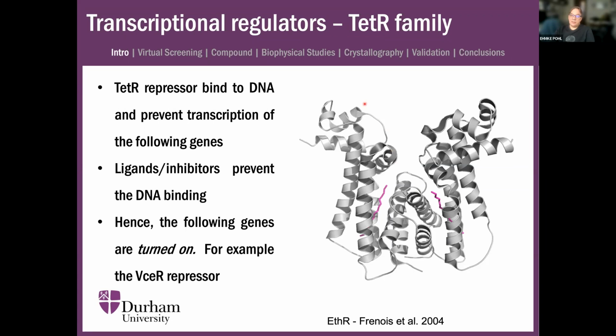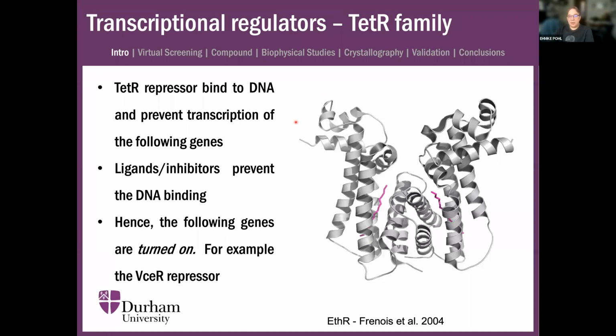It's a crystal structure of ETHR just with the ligand, and it's the generic ETHR or TET-R repressor, a homodimeric protein with the DNA binding domains up here and a ligand binding domain down here. In the ligand binding domain, they found a molecule that's probably something like a fatty acid, although it's never been proven what the natural ligand is for ETHR.